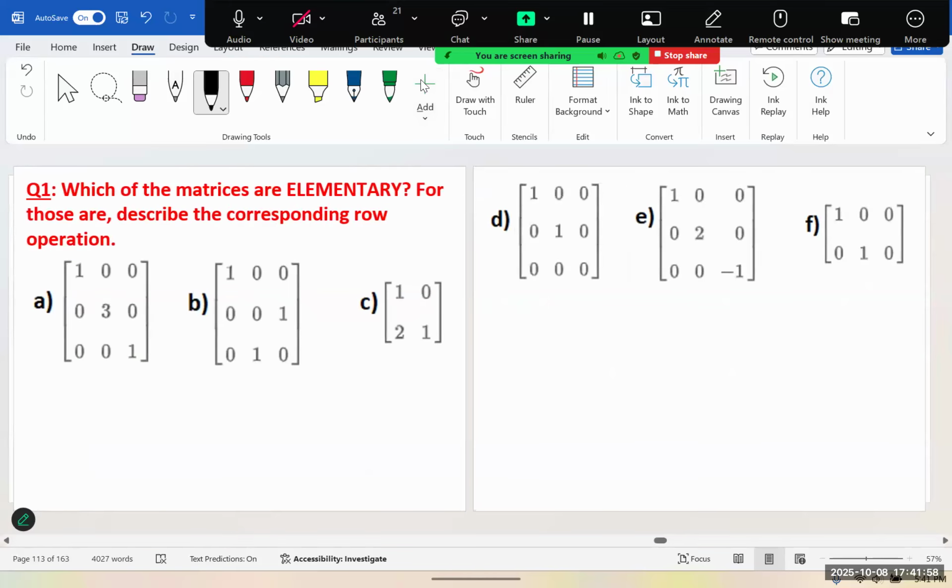Let me change my slide, and we have 3 more. Think about whether they are elementary matrices or not. If yes, why? If no, why?